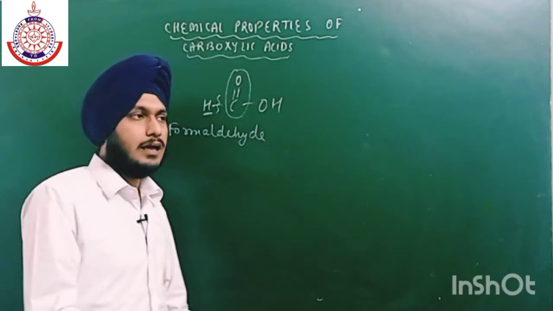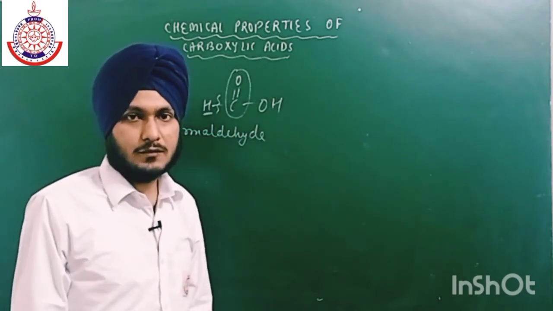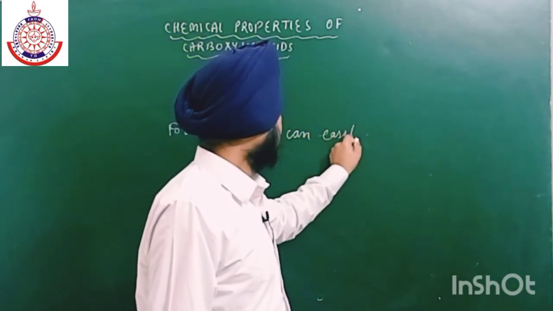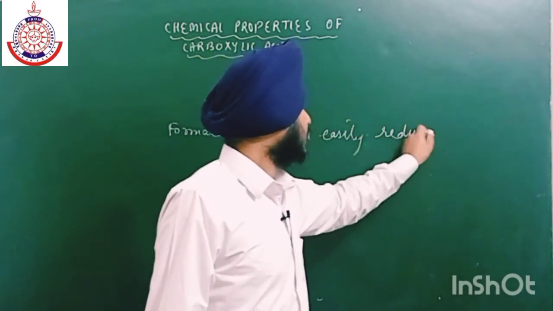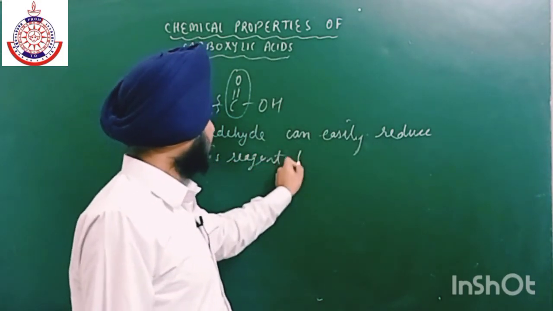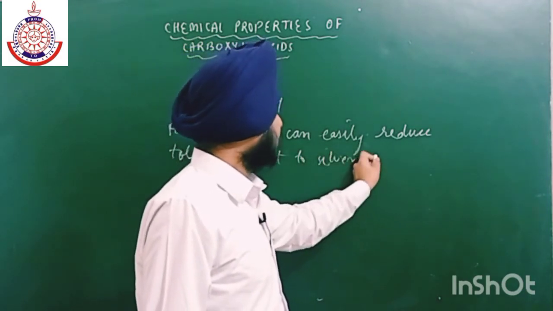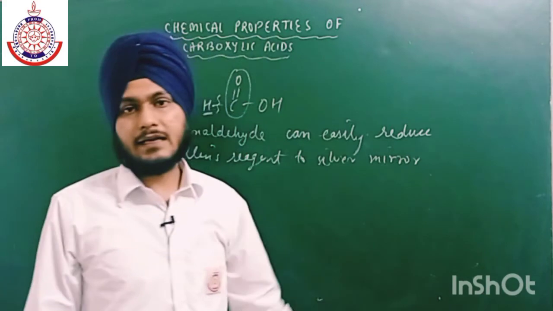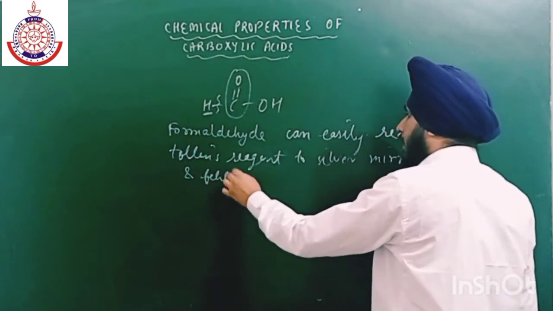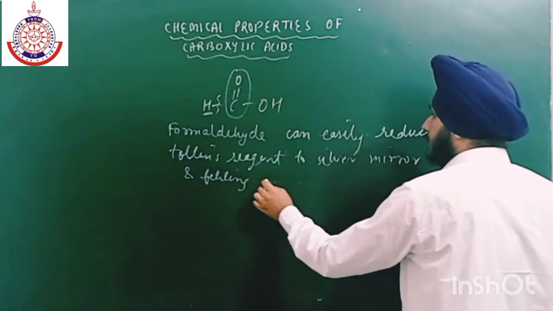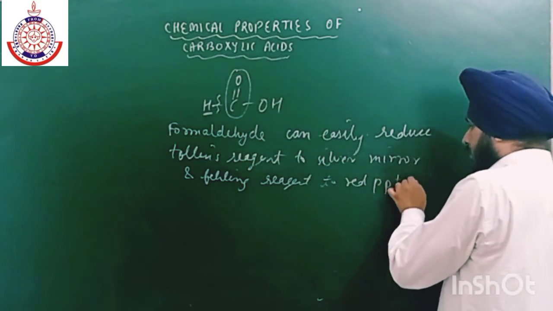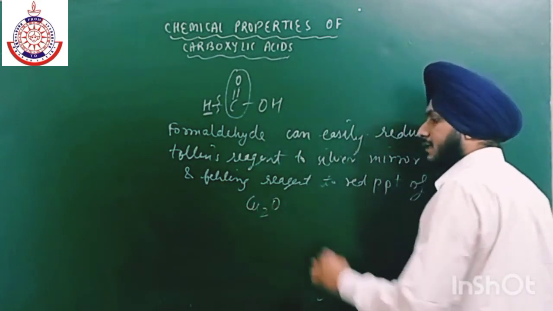So it can easily reduce Tollens' reagent to silver mirror, as well as Fehling's reagent to red precipitate of Cu2O, that is cuprous oxide.